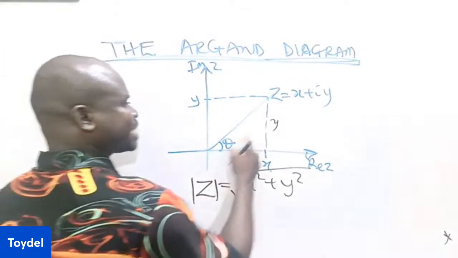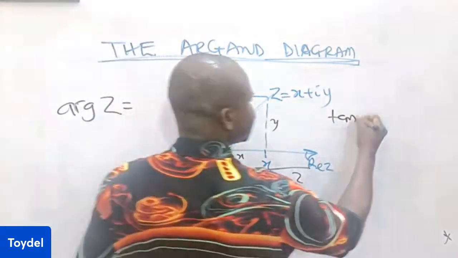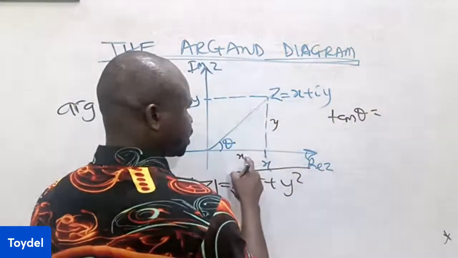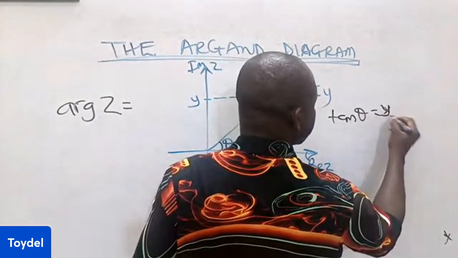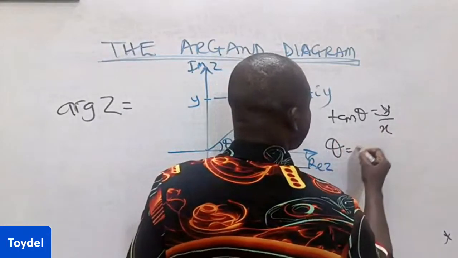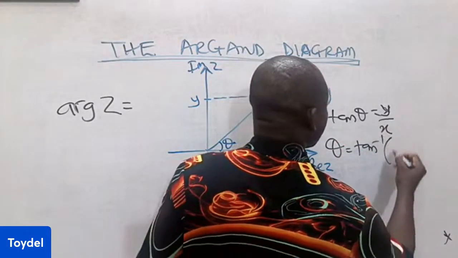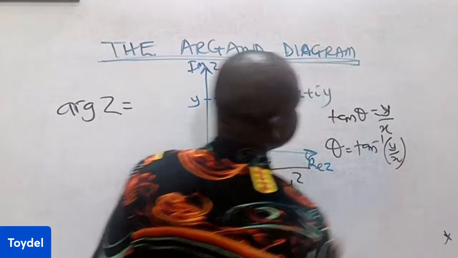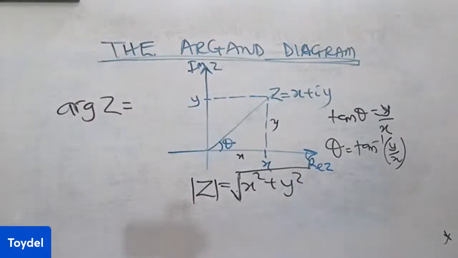Then tan theta here will be opposite over adjacent, that will be y all over x. So theta will be arctan of y all over x, if you can still recall that trick.